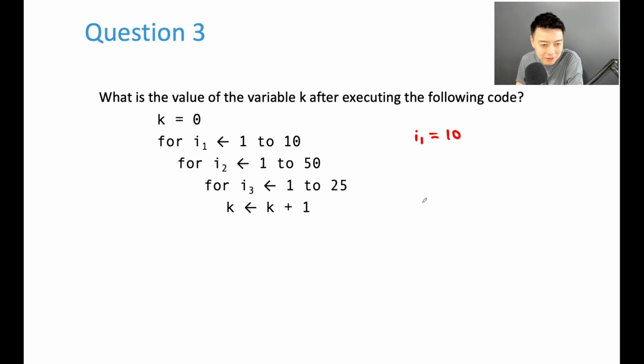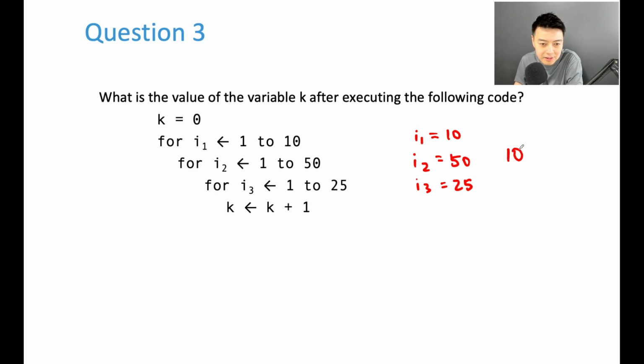Remember what we said about the product rule. For I2, there are going to be 50 I2s, and for I3, there are going to be 25 I3s. For every one of the I1s, there will be 50 I2s. For every one of the I2s, there will be 25 I3s. So we just have a product rule because we have to satisfy I1 and I2 and I3.